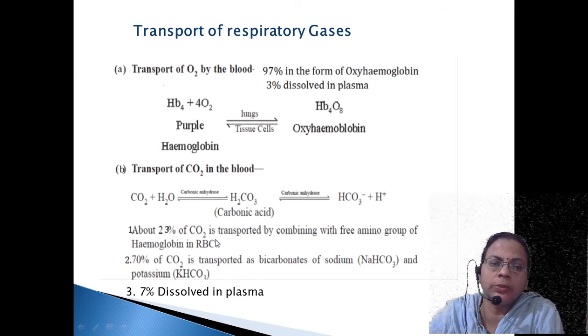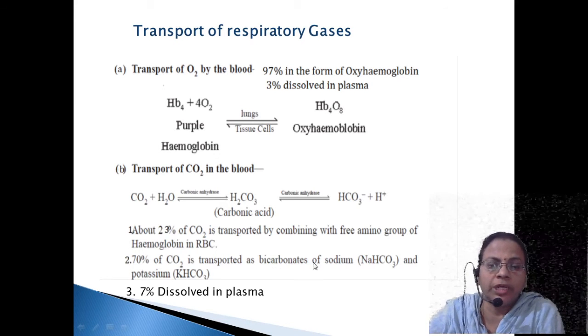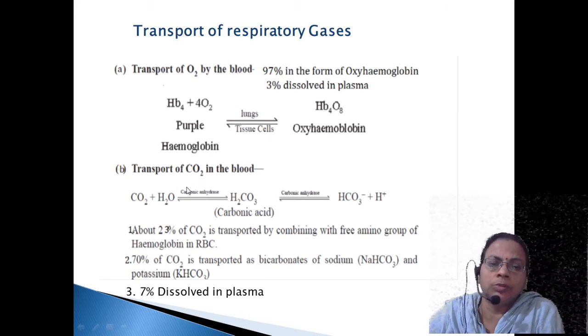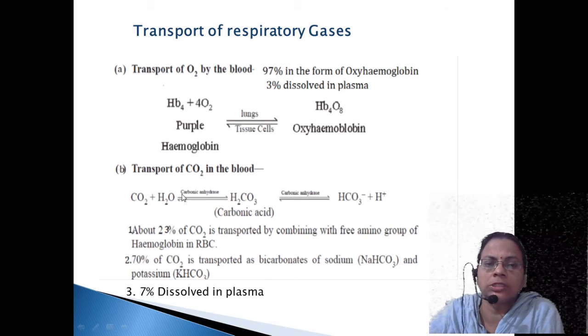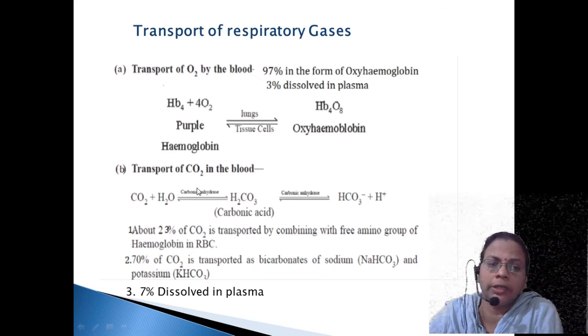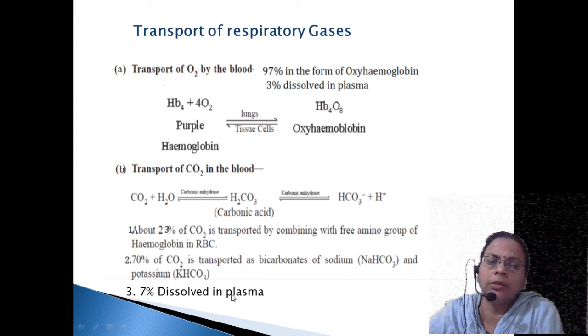In that way 70% is transported in the form of bicarbonate ions, through the RBC and then into the plasma, and the enzyme that plays a very important role in that is carbonic anhydrase. The last 7% is dissolved in plasma.